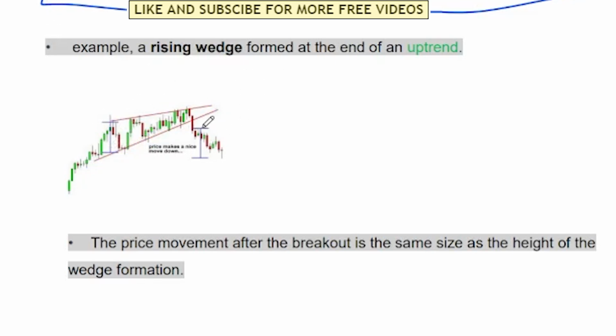We are going to be expecting the market to break below the support trend line, break out from the formation of a rising wedge, and at that time we enter from there and take a sell, expecting the market to change the direction to the downside, or to go bearish. So that's where, with a signal of a rising wedge in the uptrend, we are going to take a trade.